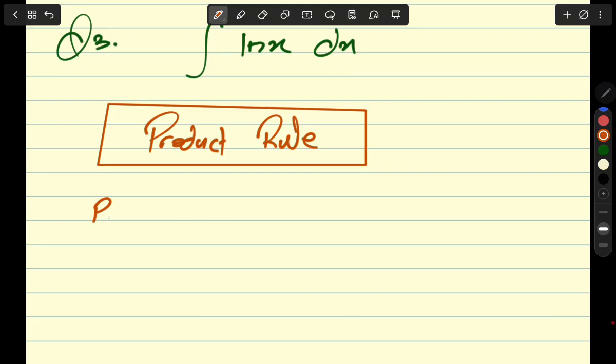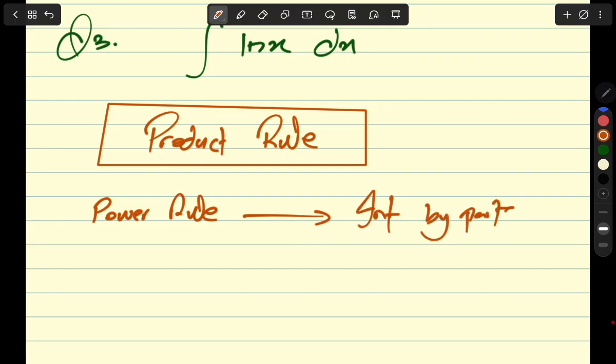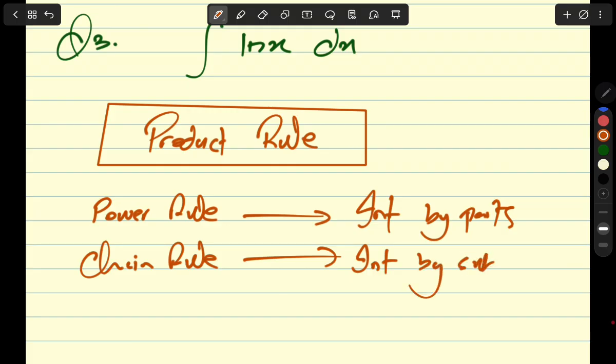Now, if it was product rule that created it, you use the integration technique of by parts, and if chain rule must have created that, you use integration by substitution. Okay, sorry, not power rule, it's the product rule, right?